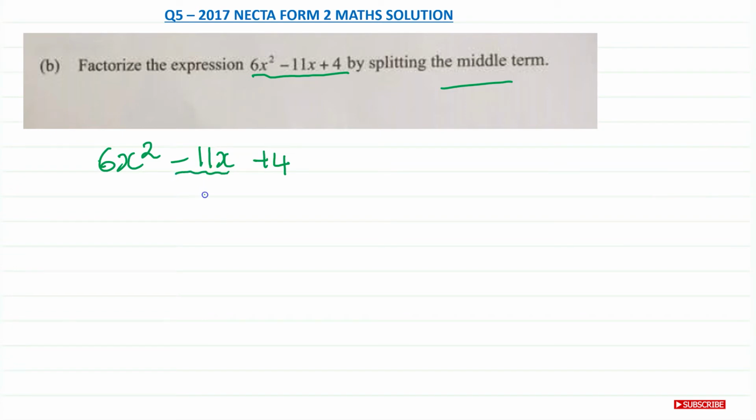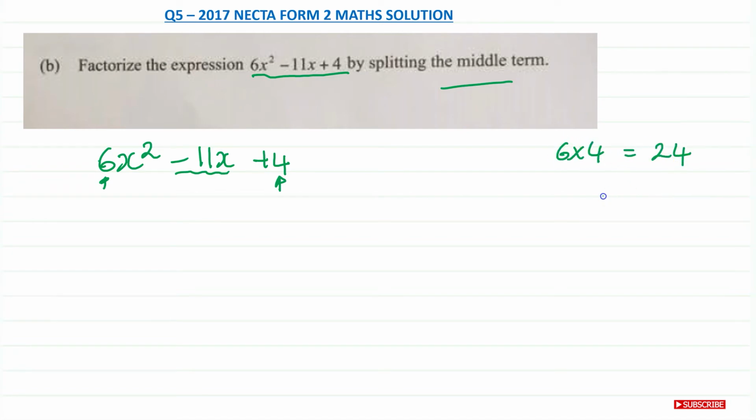There's a trick to this because sometimes it can be a little bit tricky, especially when you're doing exams. So what I do, I take the number that doesn't have x and then this number here with x squared and multiply them together. So 6 and 4. Multiply them.